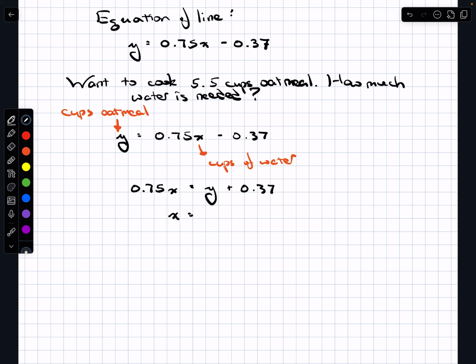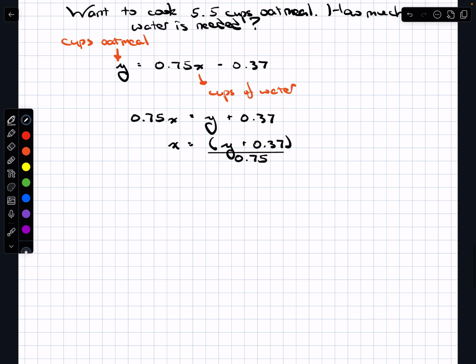So x is equal to y plus 0.37, all divided by 0.75, which is my slope. Let's figure out, if we've got 5.5 cups of oatmeal, how many cups of water we're going to need.